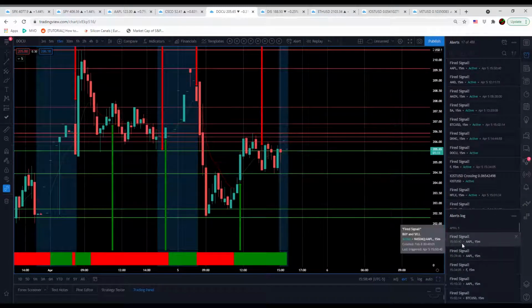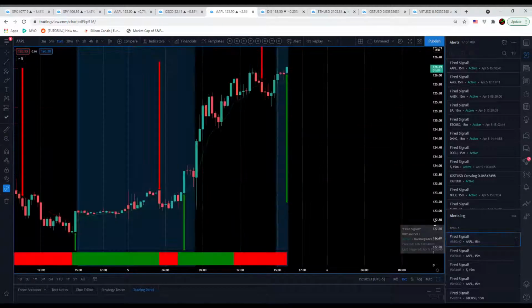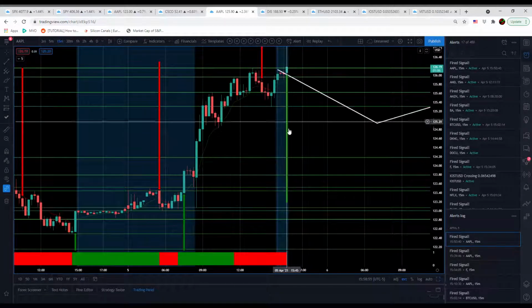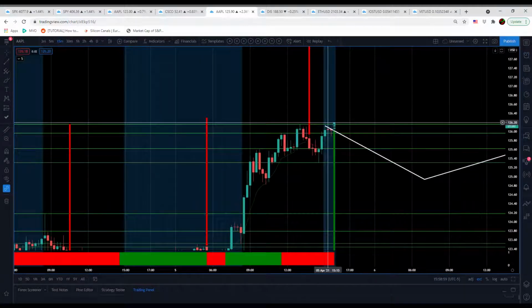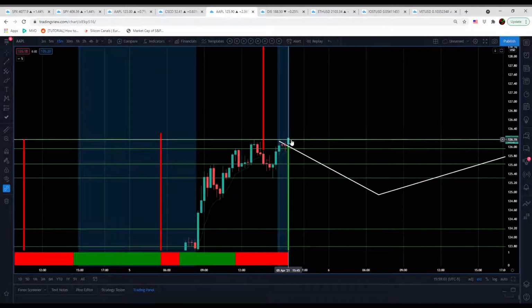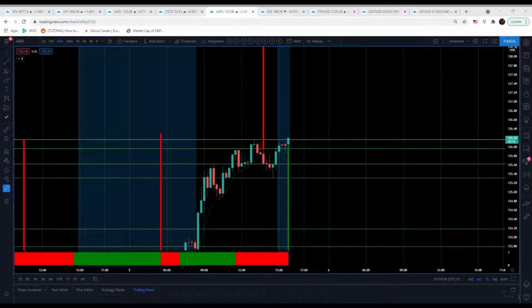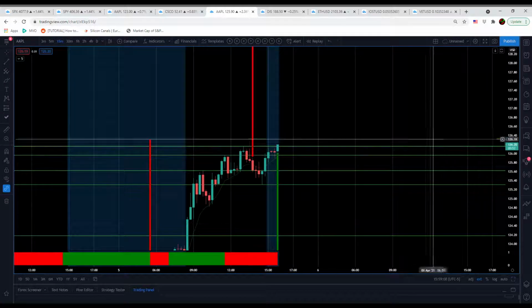So Apple was firing earlier. Since you got the alert already, click that. You can see, boom, it fired a green arrow right here. And as you can see, it's breaking the resistance here. I'm not sure if Itzel entered that earlier, but it's breaking this area now.